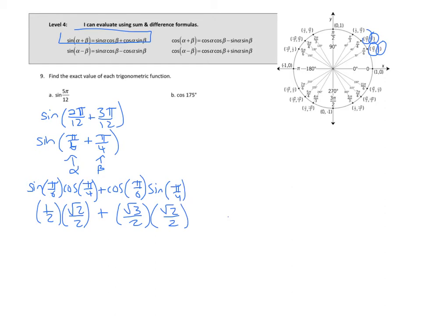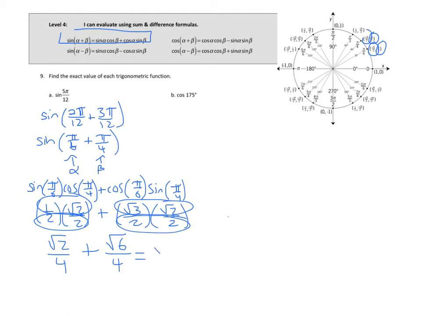And then I simplify. So multiply the tops, we get radical 2, multiply the bottoms over 4, plus multiply these tops, radical 6 over 4. And I can add the tops together, but I can't actually combine radical 2 and radical 6 since they're different radicals. So that's as far as I can go. Radical 2 plus radical 6 over 4.